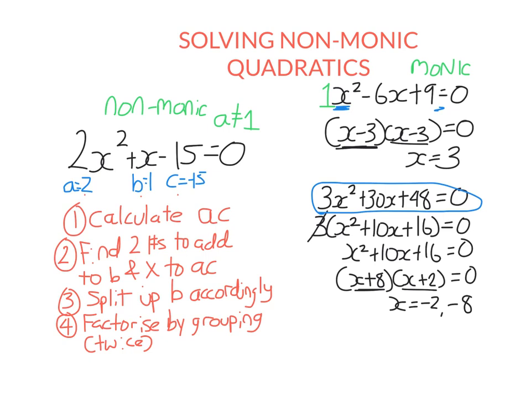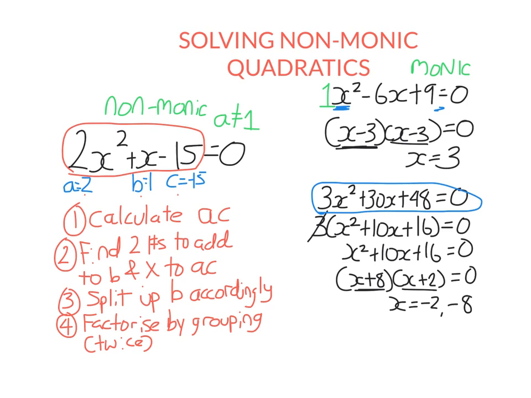So I'm going to follow these 4 steps in red. And these 4 steps will allow me to factorize this expression so that I can then use the null factor law just like I did in previous lessons. So the goal here is the same. We want to factorize so we can use the null factor law, but the way we factorize is just a bit different. So let's go through these steps with this example.